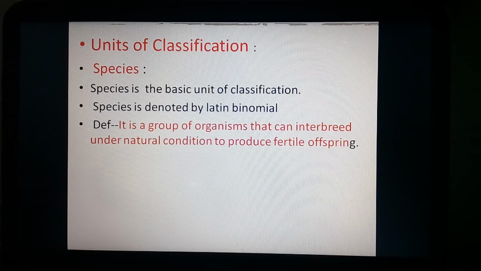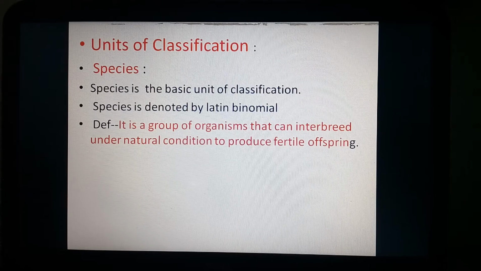Another thing, they should interbreed freely under natural conditions. Once they interbreed, they have to produce offspring, the young ones, the new generation. And one condition is that this new individual organism should be fertile. It should not be sterile.